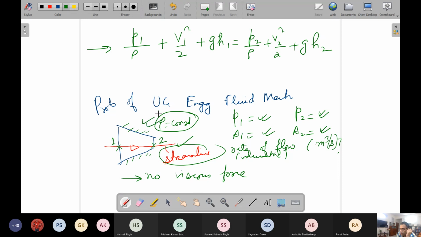I am trying to solve this problem in an undergraduate approach. So this rho equal to constant, equal to this rho, that is what I have put. Within that restriction, this is just a simple mechanical energy conservation with no dissipation because viscous force is not there, right? That is the equation.